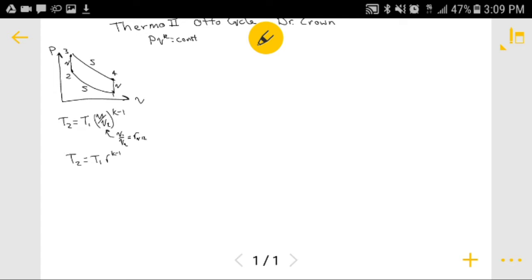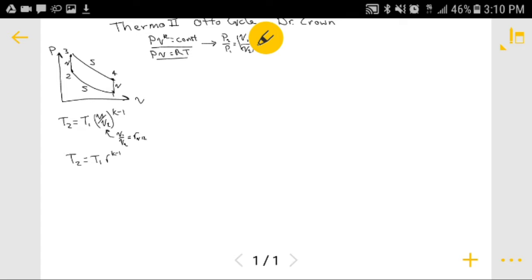Using the ideal gas law, PV equals RT, this first equation can be written in a couple of different ways. Let's do P2 over P1 equals V1 over V2 to the k. So that's one of the forms.